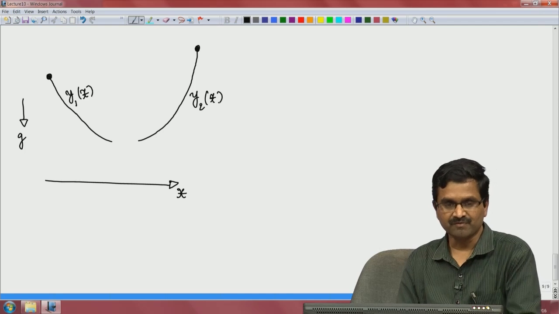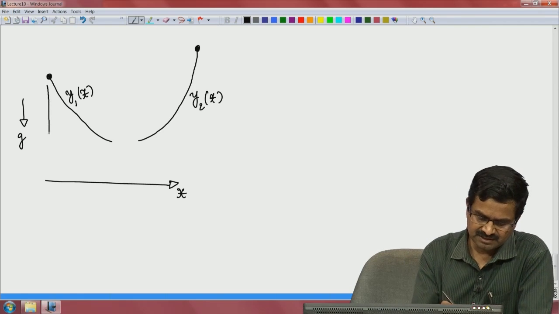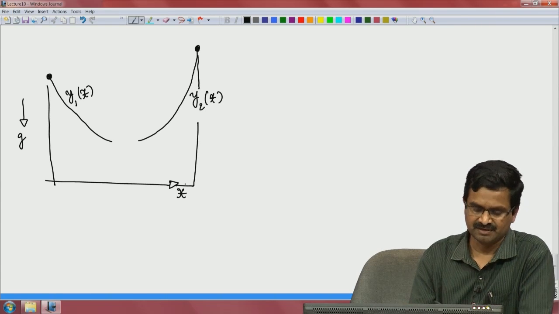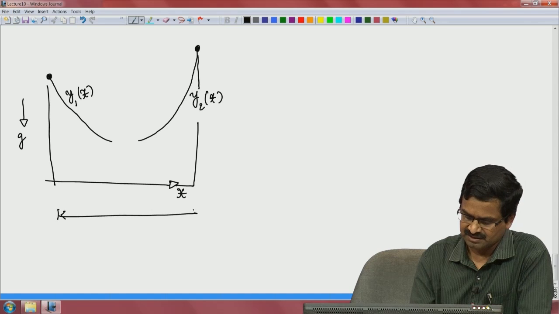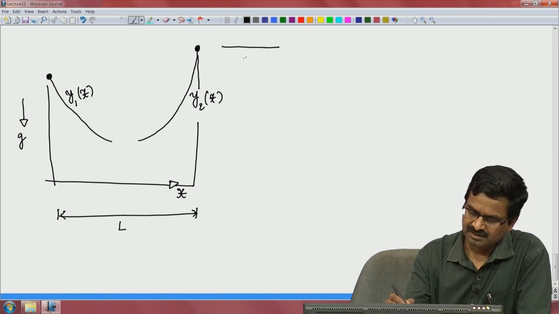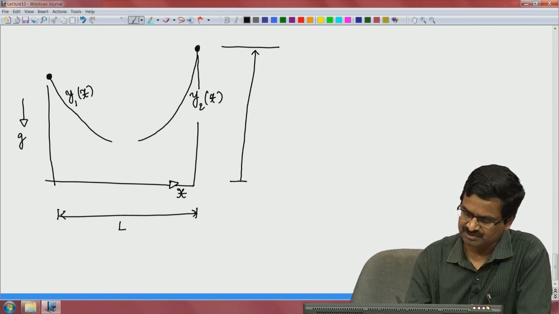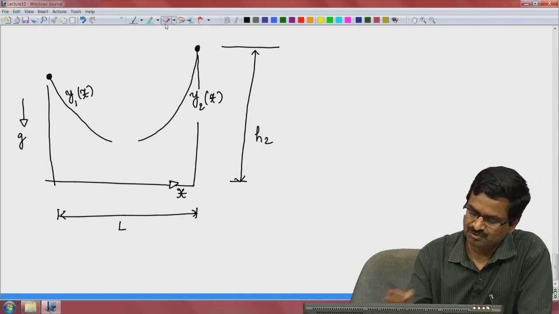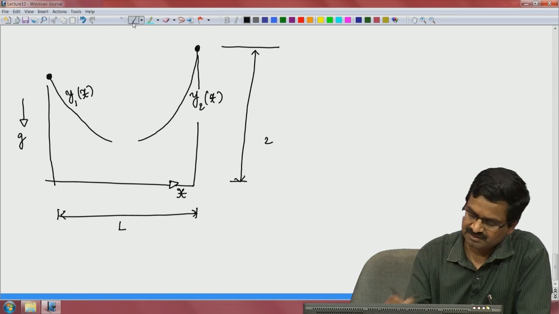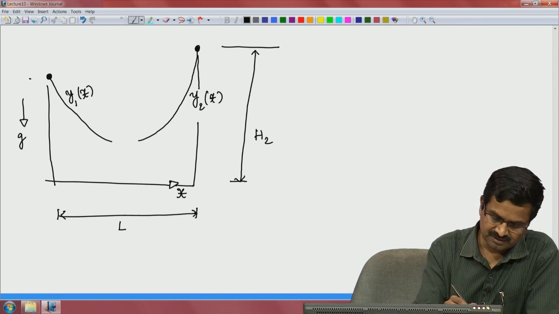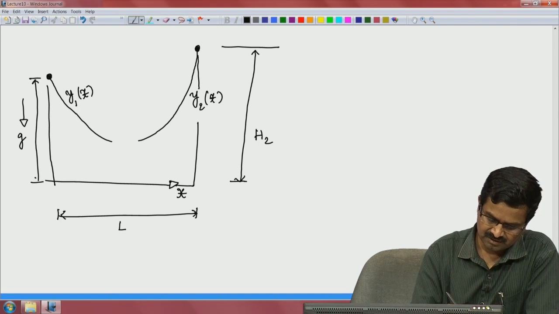We have to find this y1, y2, their separation is given. Their separation along the horizontal axis is given, let us say this is L. Their vertical heights from some datum, this is H2, let me put capital H2 so we do not confuse that with our variation h2, and this one let us say is H1.